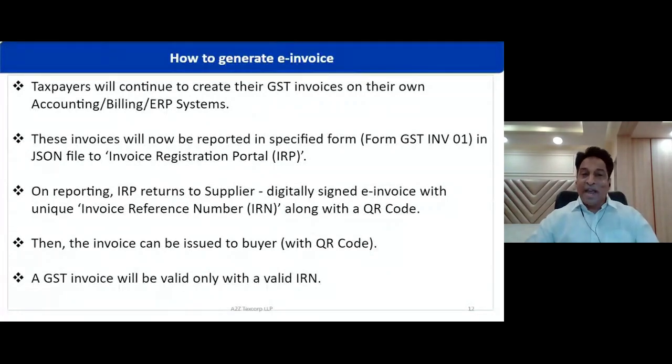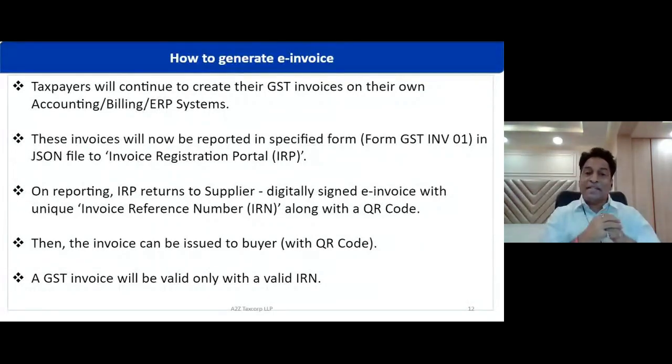And how are you going to check all this? There is one dedicated portal I told you. You can go and put in the GST number and check whether the relevant supplier is really liable, and whether generation of e-invoice is enabled on that portal.